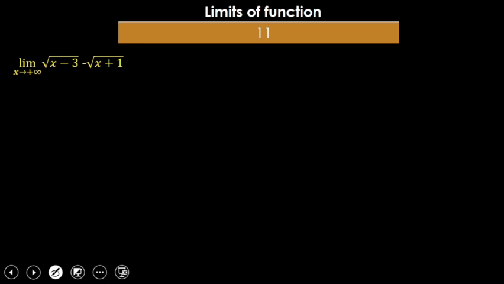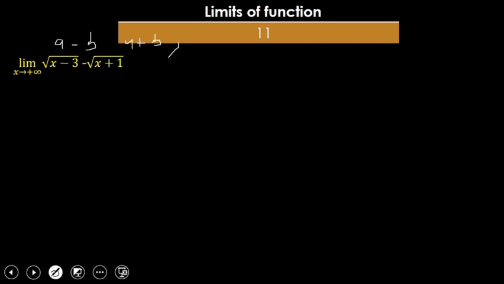Limit as x tends to plus infinity of the square root of x minus 3, that is question number 11, minus the square root of x plus 1. I'm just going to find the conjugate. This is a minus b, so the conjugate will be a plus b. If you substitute directly, we are going to have infinity minus infinity, that is undefined.